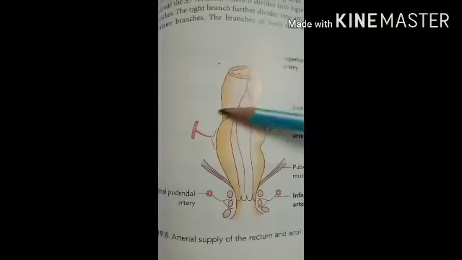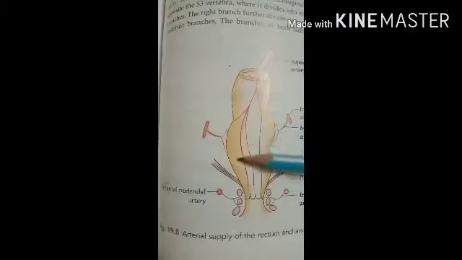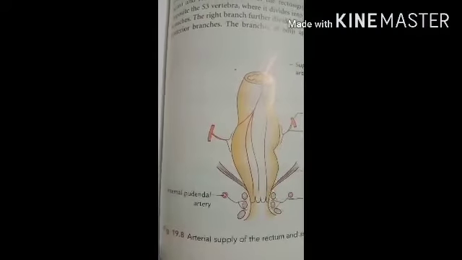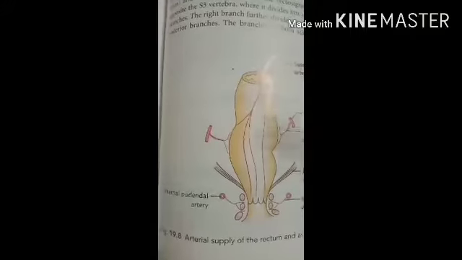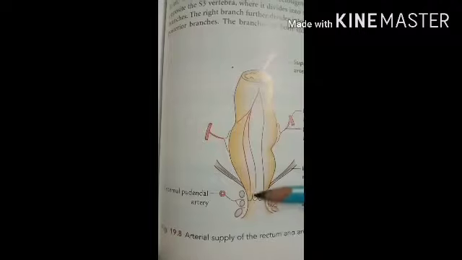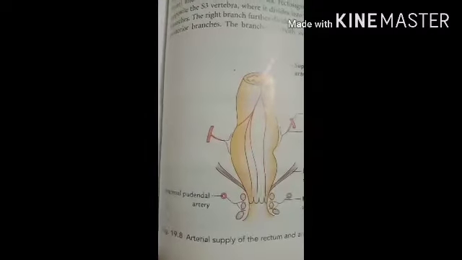Each branch breaks up into several branches and goes on the right side and the left side of the rectum. And it goes downwards near the anal walls of the anal canal. Here you can see this one.